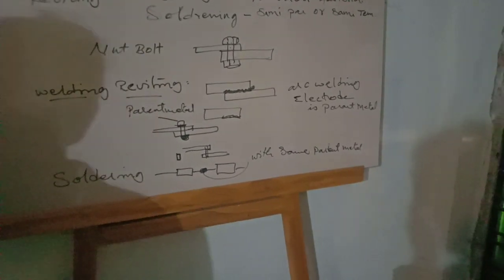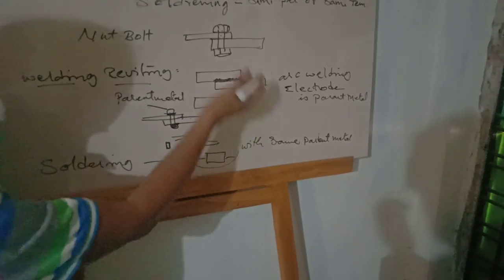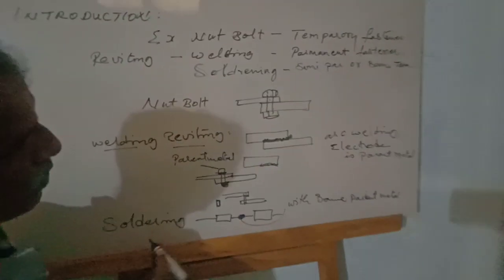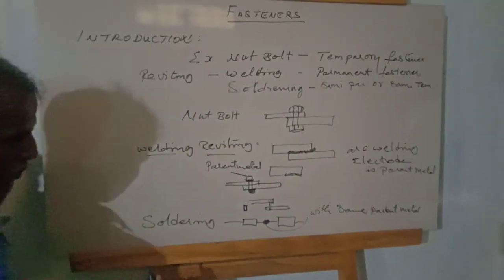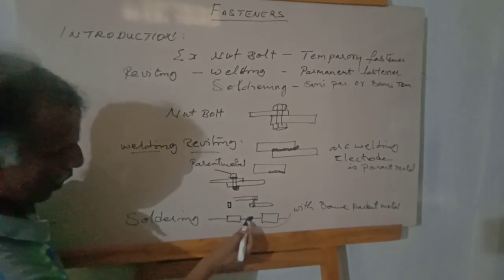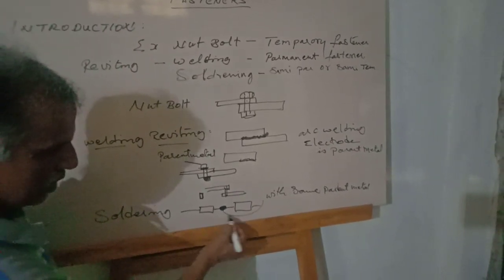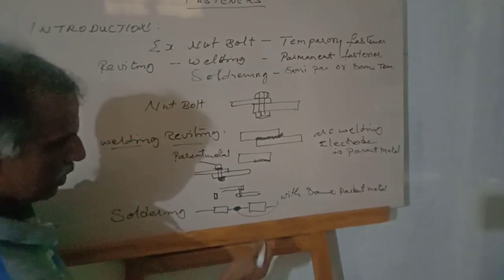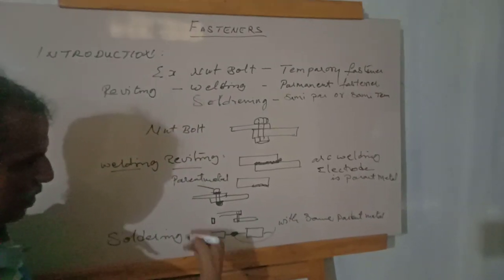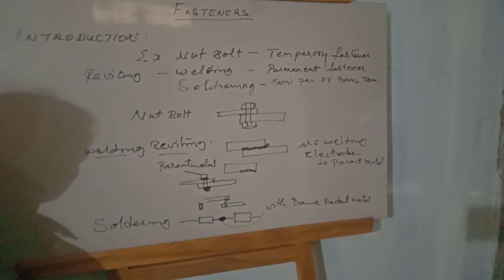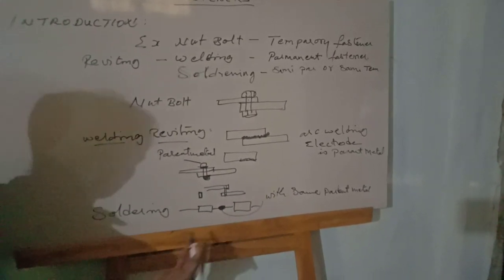Now what is the difference between the permanent fastener and semi-permanent? Soldering is a semi-permanent or semi-temporary fastener. When you dismantle these two resistors with the help of a soldering iron, the same parent metal, the same resistors you can use, and you can join it a number of times.